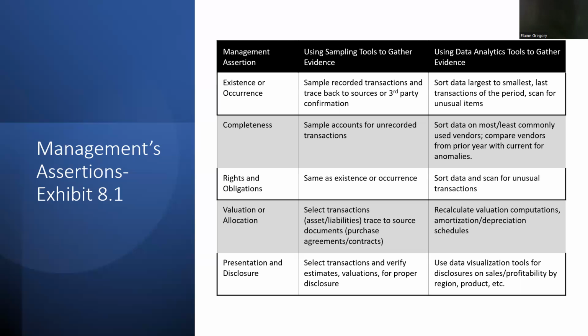So you can use sampling tools to gather the evidence, such as looking at transactions, getting third-party confirmations, looking at an asset, looking at a contract of a note payable, selecting certain transactions and tracing them back to some type of source document, such as a contract, or to the existence and valuation of that asset.